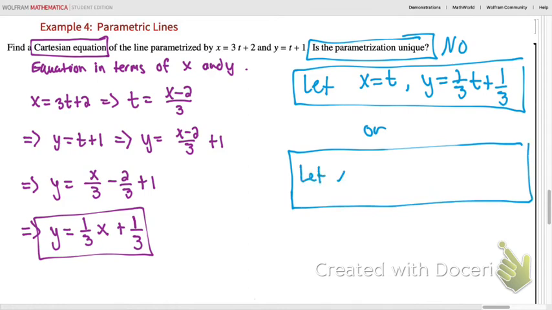You could let x equal 2t. Well, then y is going to equal 1/3 times 2t plus 1/3. Okay, so there's infinitely many parameterizations.